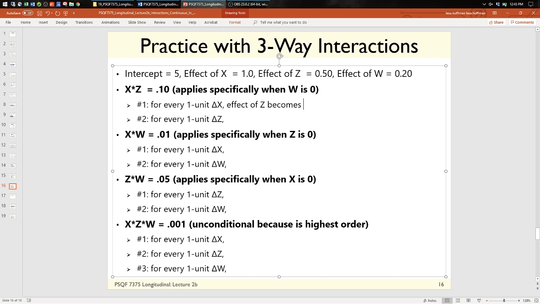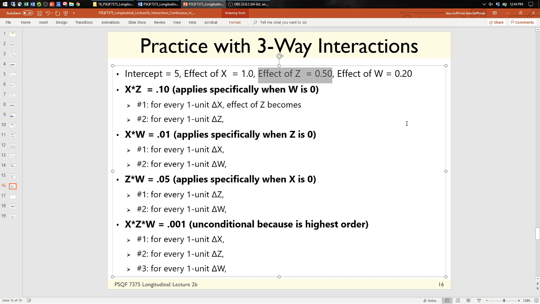So x is the moderator, z is the slope of interest in this sentence. Okay, let's back up. Here's my effect of z. That's my main effect. So I would say that y goes up by 0.5 for every unit increase in z, dot, dot, dot.